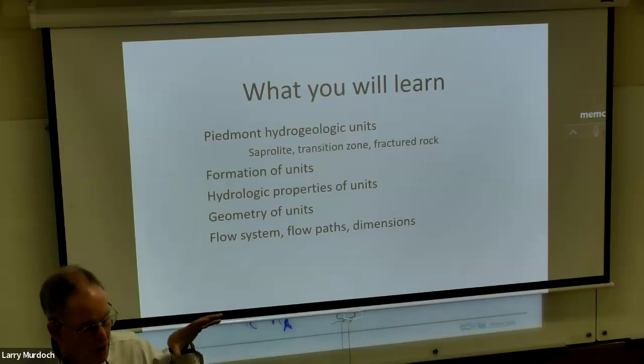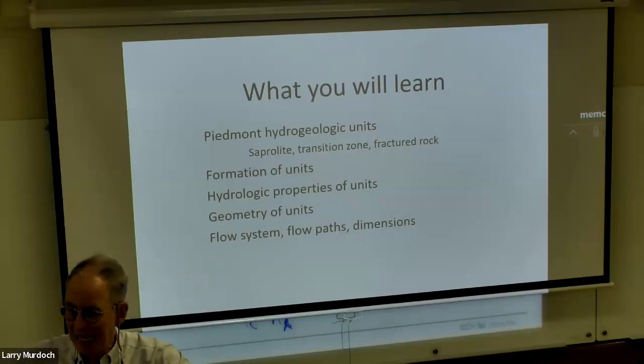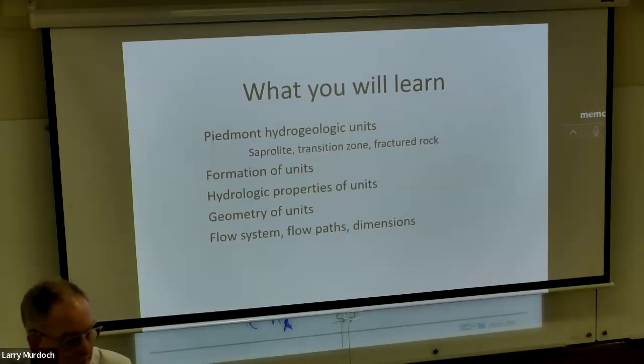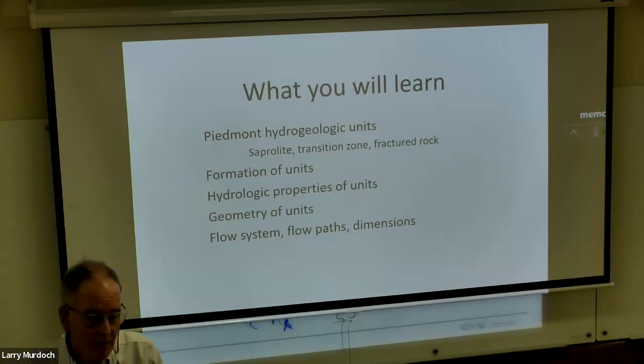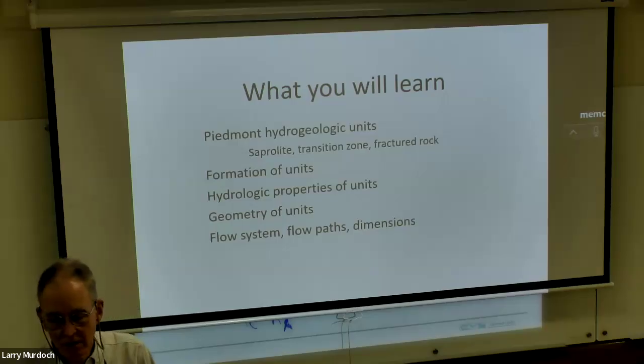Okay, so we want to know the flow paths are going like this and like that. If we're interested in this place, is the flow going down, and what direction is it heading, and where does it end up? So we want to be able to mimic reality, and in order to do that, we have to have the aspects of the geology included in the model.